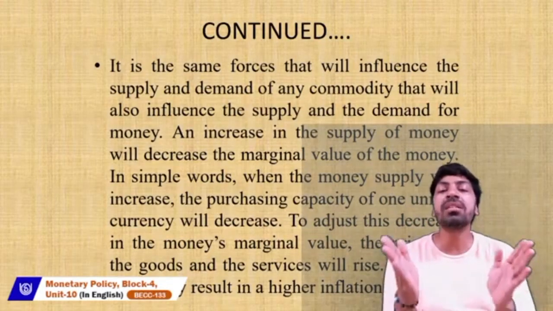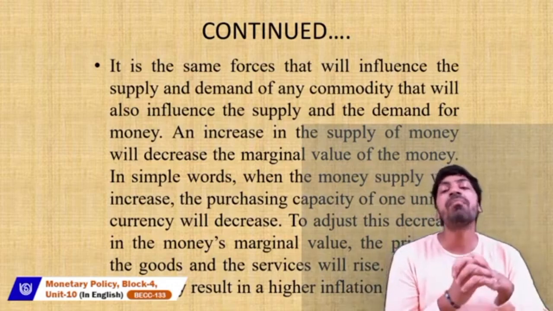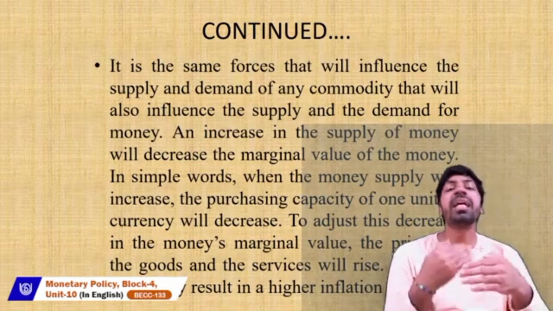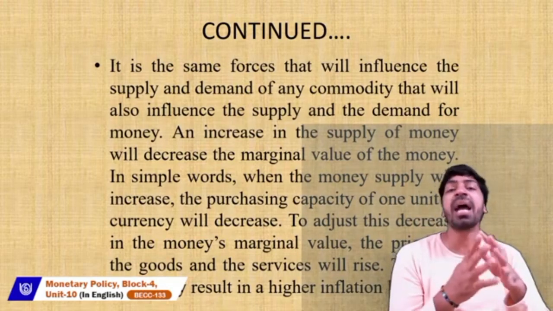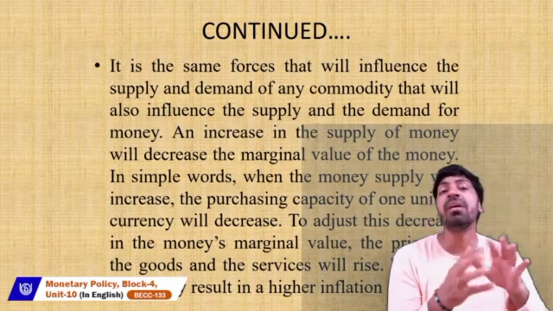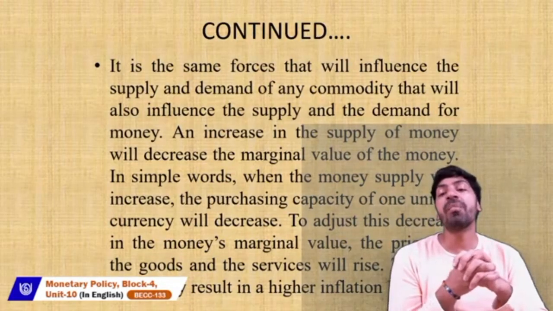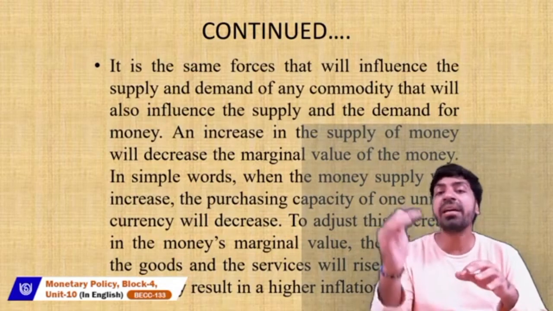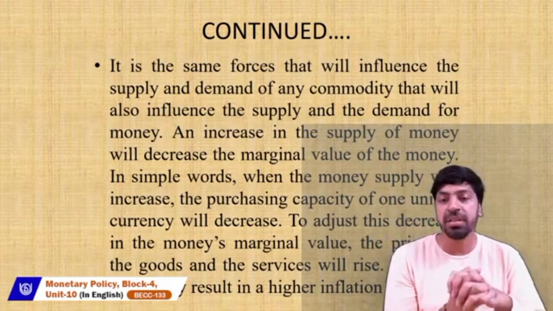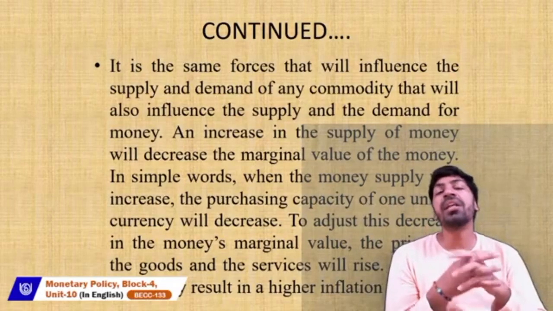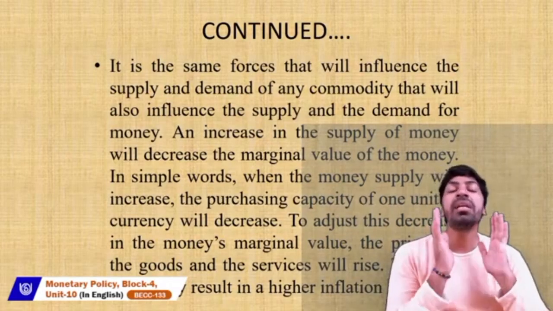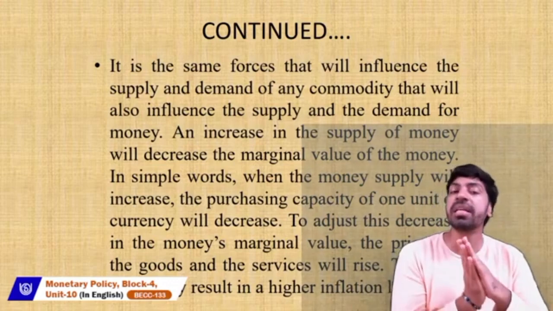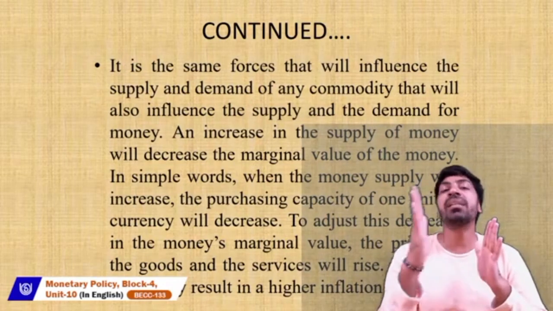So to adjust for such a decrease in the marginal value of money, the prices of goods and services would increase. And if the prices increase while the marginal value of money decreases, then automatically it results in a higher inflation level. So this is the exact scenario of the quantity theory of money. It always says that there is a proportional or positive relationship between the supply of money and the price level.